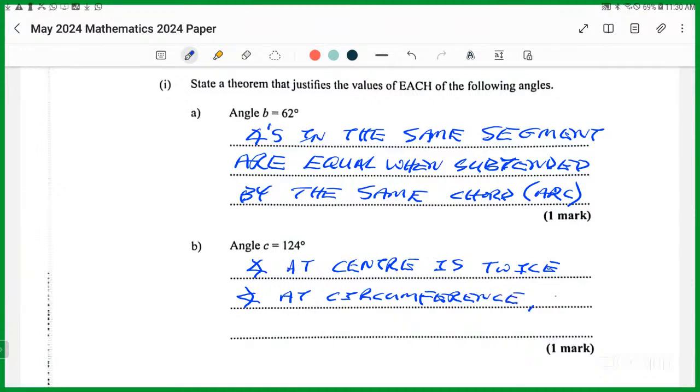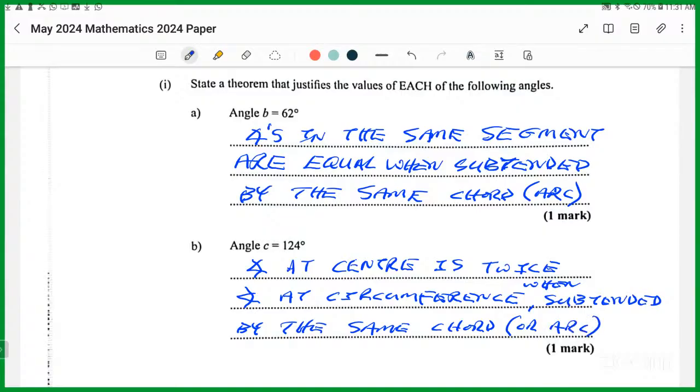And that's when they are subtended, when subtended by the same chord or arc. Same chord or the same arc.